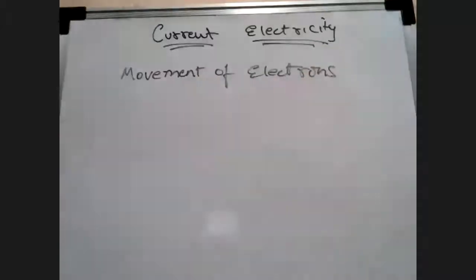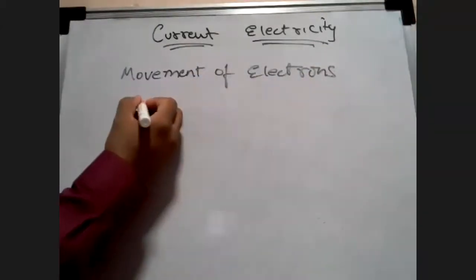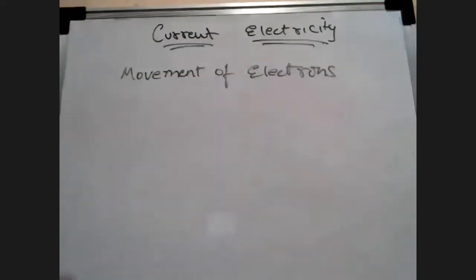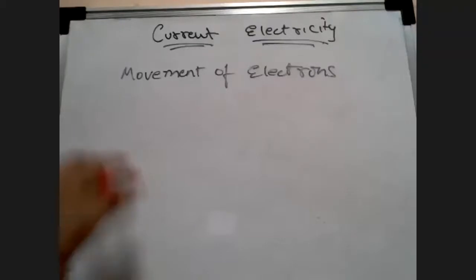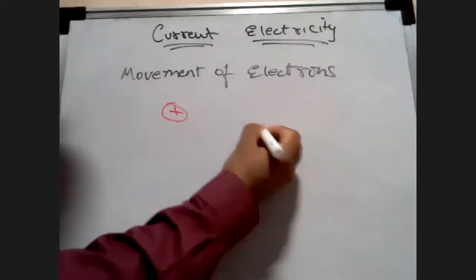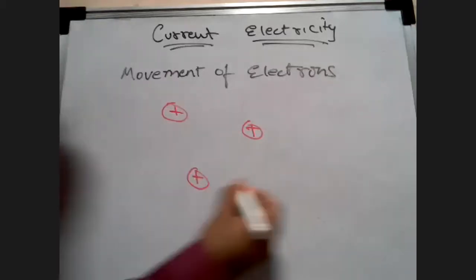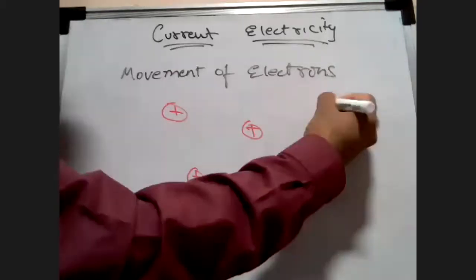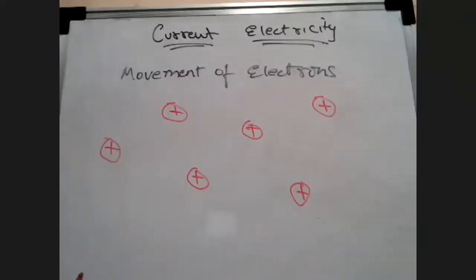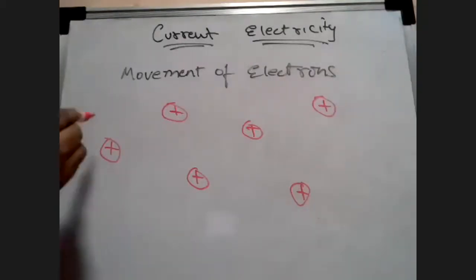I'll stop using the black marker, it's got over. So, movement of electrons: let's imagine that this entire board is a part of a conductor. And this conductor will have how many ions in it? Of course, there will be an incredible amount of ions at every point. And with ions, the majority carriers in a conductor are electrons.